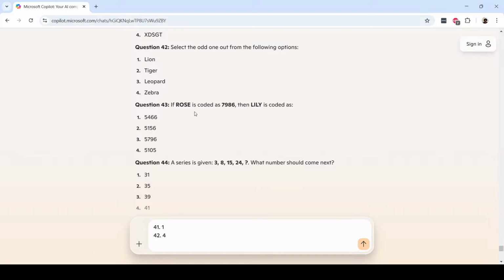So if rose is coded as 7986, then lily is coded as, okay, rose is 7986. Then lily is coded as, how is rose coded as 7986? Let's need to examine this, man.